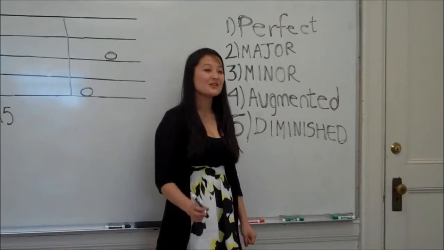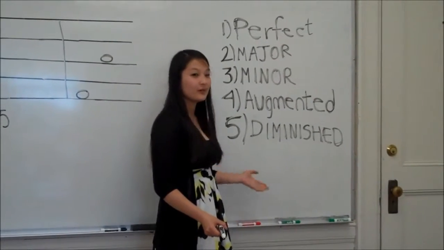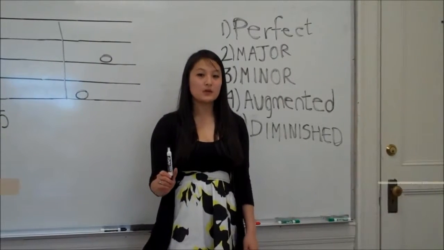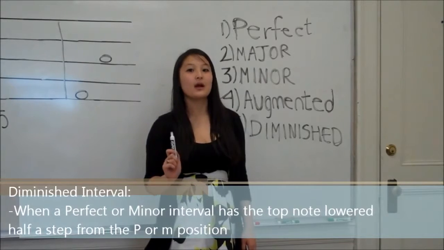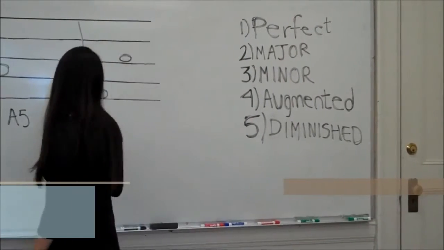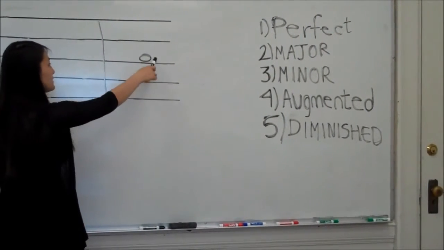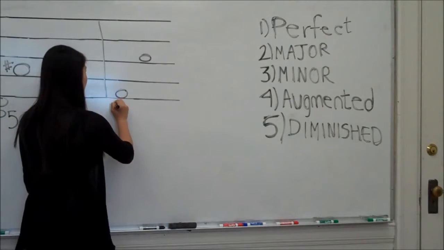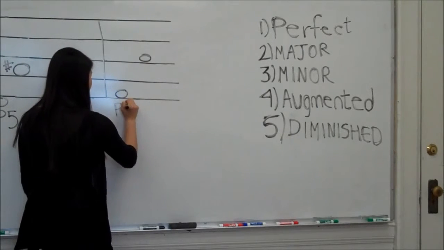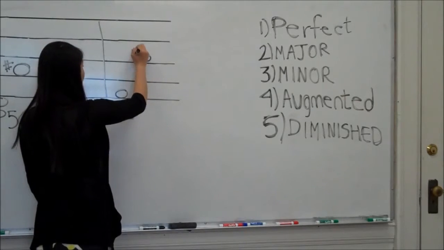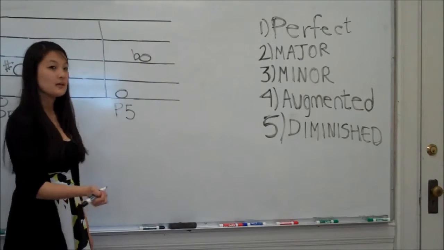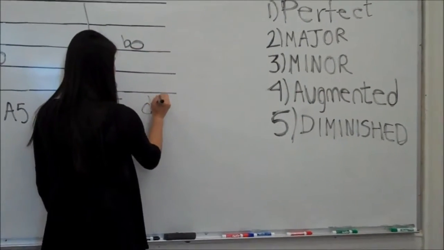The next type of interval that we have is the diminished interval. And this is when a perfect or a minor interval has the top note lowered half a step. So, going from an F to a C would normally be a perfect fifth, but if we lowered the C to a C flat, this would make this a diminished fifth.